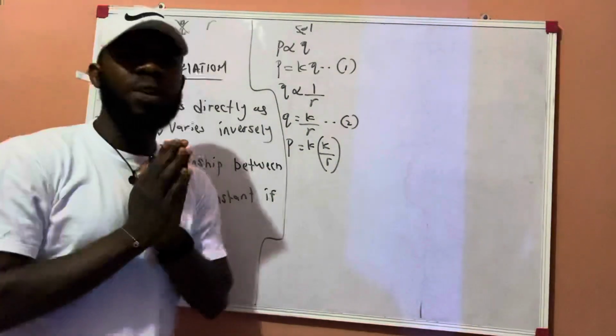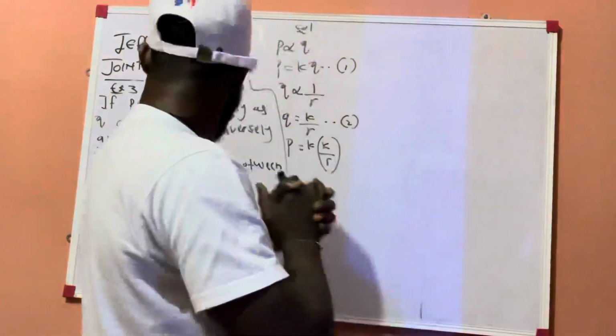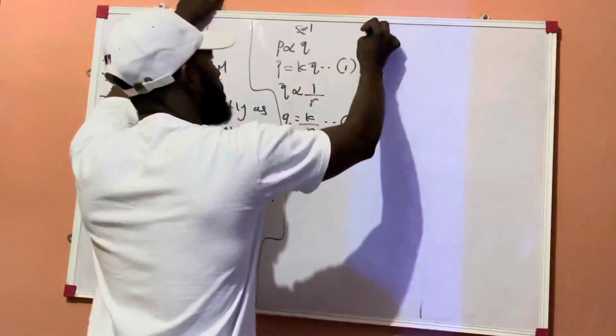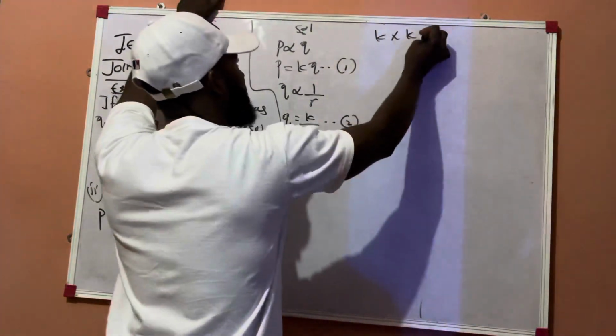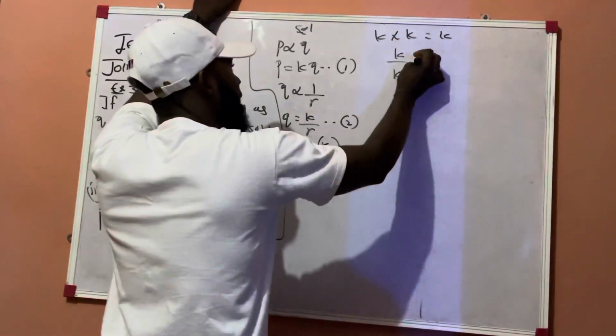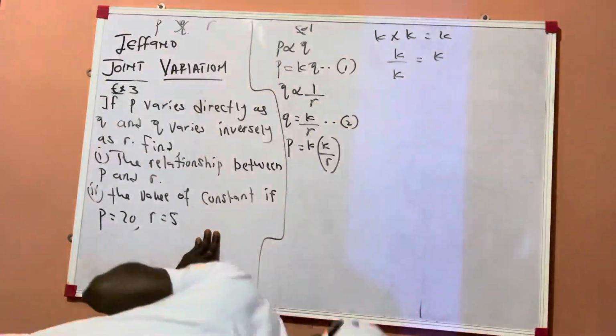Now remember from the beginning of the math, I told you, under special joint variation, constant times constant is constant. Constant divided by constant is constant. So what does that mean automatically?